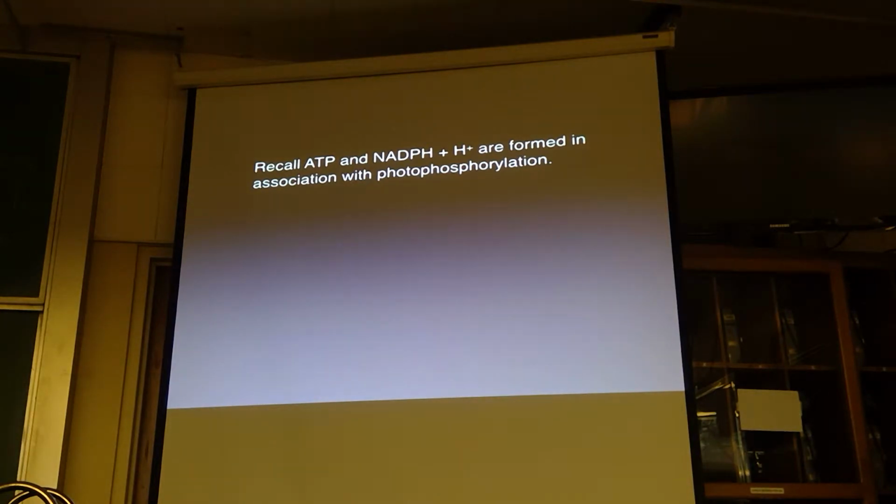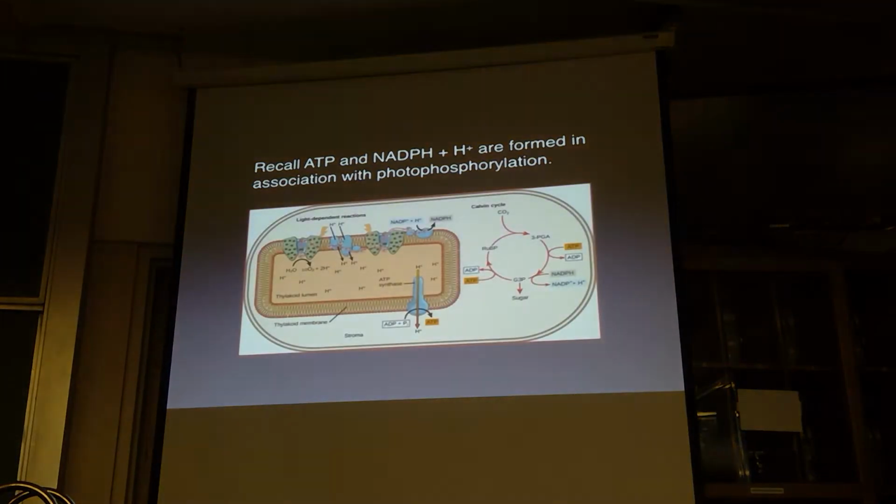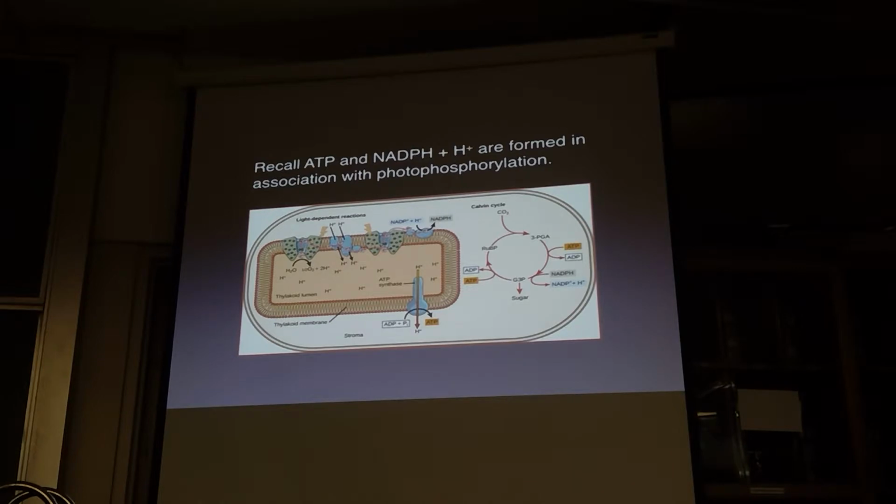So they are connected, but at the same time they're separate. And if organisms have some other mechanism for making ATP and reducing NADP, they could run a Calvin-Benson cycle without having to do photophosphorylation. And that's what chemoautotrophs do. We rarely talk about those guys.